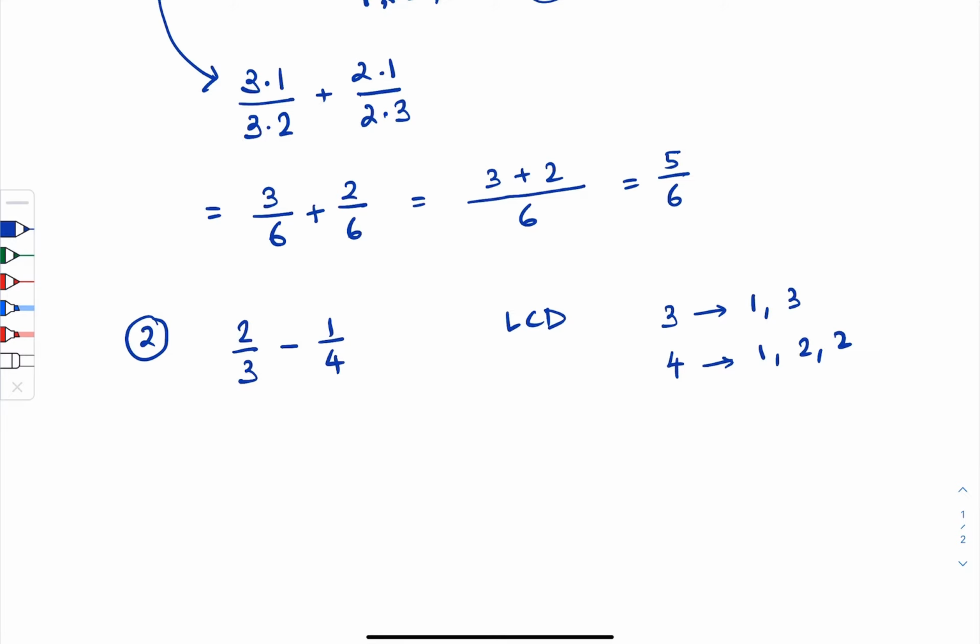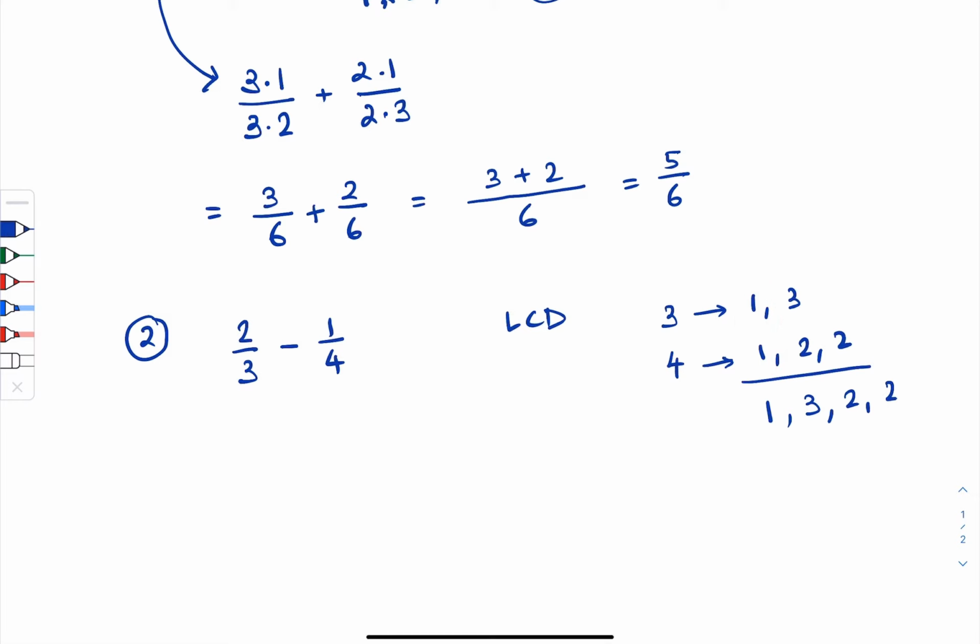Since the 1 appears in both of them, I'm going to write the 1 only one time. Then I put the 3 down, and then the 2 and the 2 again. A note here: you write down all the factors, but the factors that are common to both denominators are written only once.